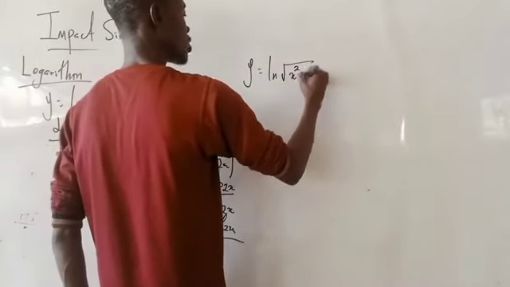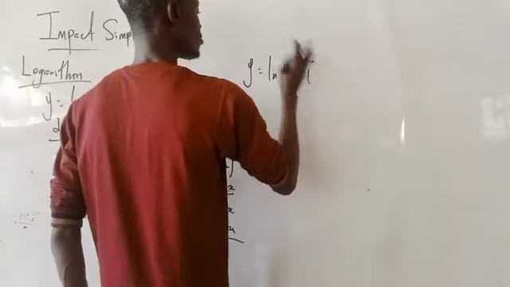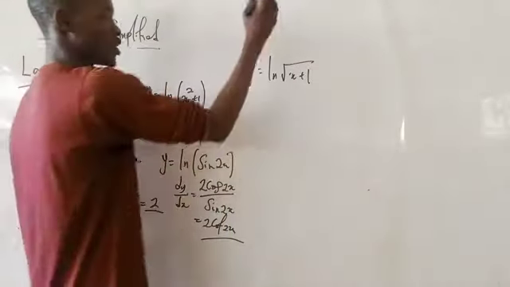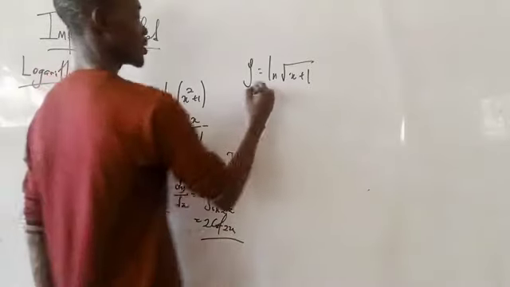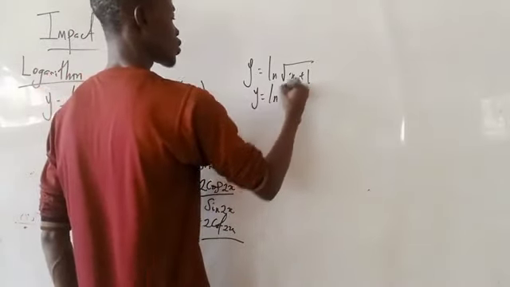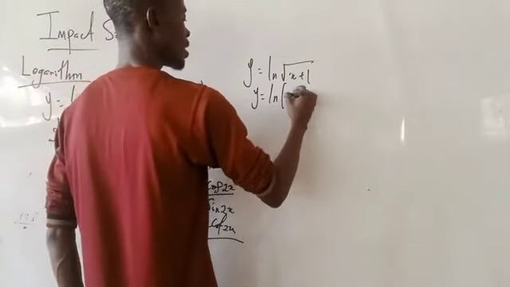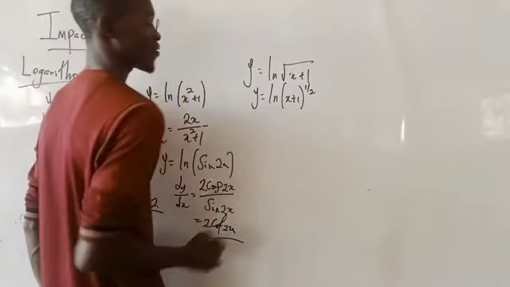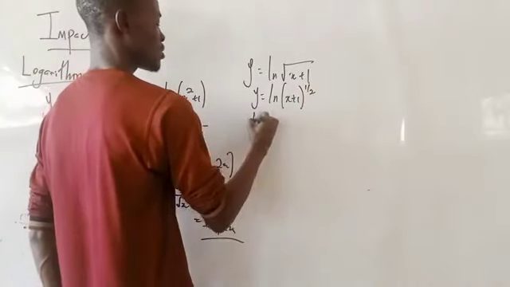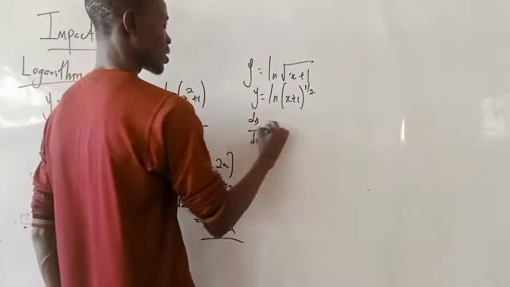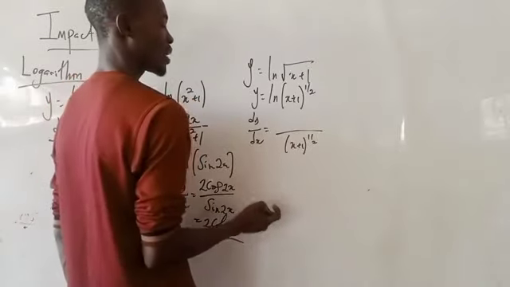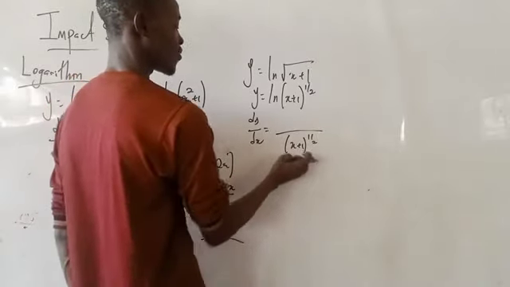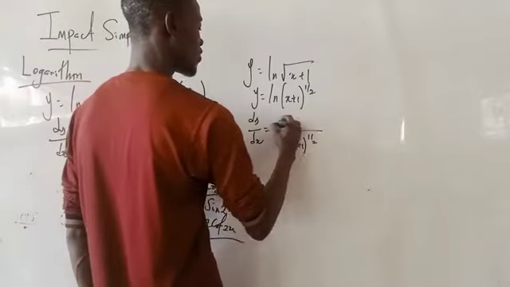Now, for instance, let's look at this. They are asking us to differentiate the ln of the square root of what? Of x plus 1. So how can you solve this? That will give us y is equals to the ln of what? X plus 1, a power of half. And if you are solving this, that means what is your dy dx? Your dy dx, the ln will drag anything in front to the denominator. And when that man now gets there, it differentiates itself. So if you differentiate this, that will give us what?